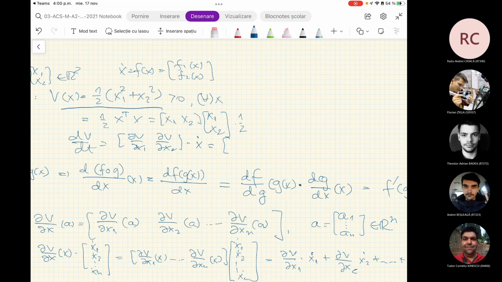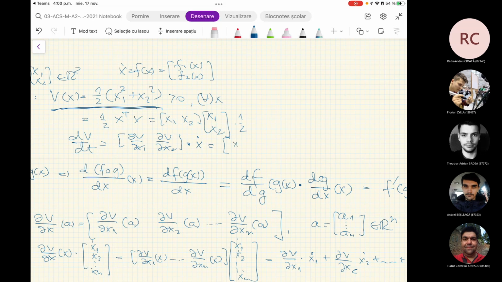And how much is it? Because V(x) is half x1 squared plus x2 squared. So how much is dV/dx1 and dV/dx2?